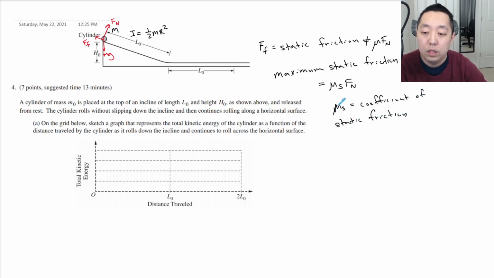That means the static friction can be anything from 0 to mu s times Fn, or anything in between.